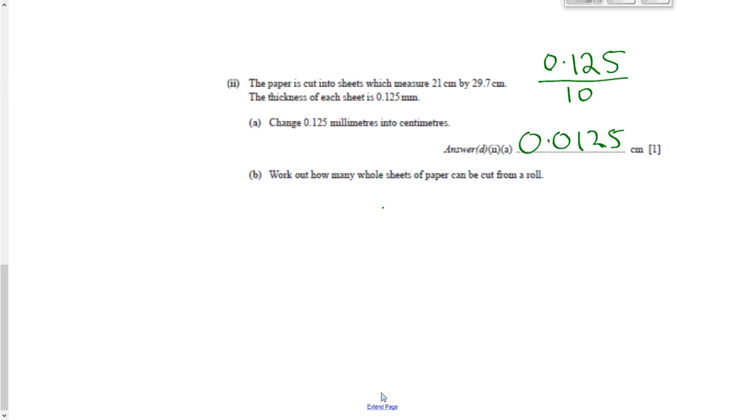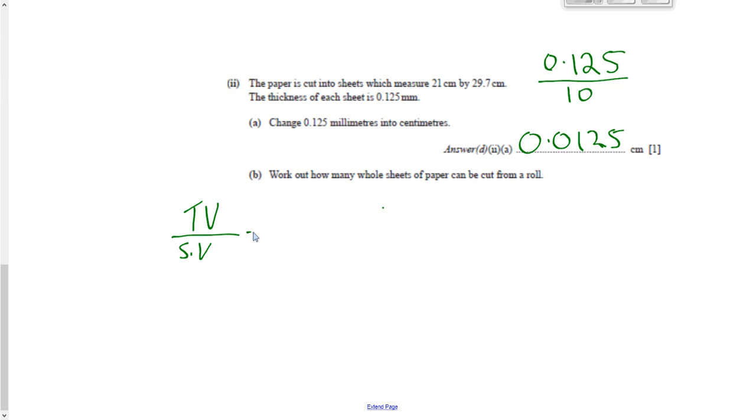Now work out how many whole sheets of paper can be cut from the roll. Well, we know the total volume is 59,112 centimetres cubed. We're going to see how many sheets can fit into that, so we need to figure out the volume of each sheet. It's going to be the total volume divided by the sheet volume.